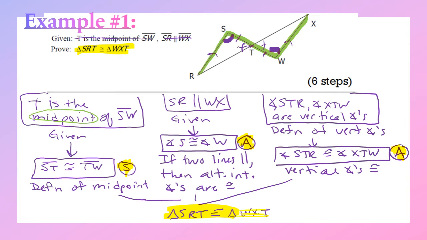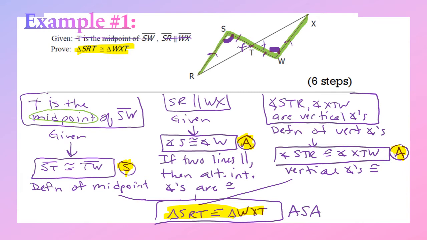You're going to look at your picture, and you have angle, side, angle. So my reason for this is going to be angle, side, angle. And at this point, I am done with this proof.